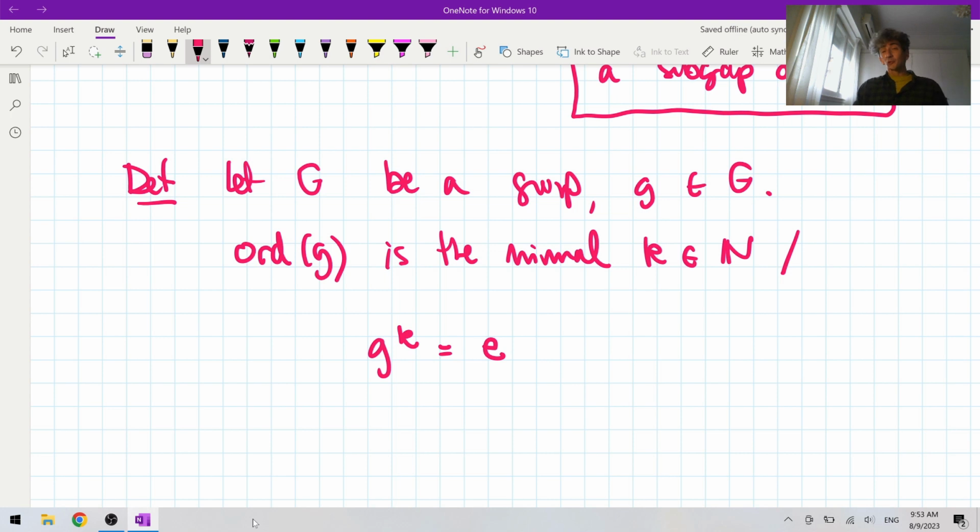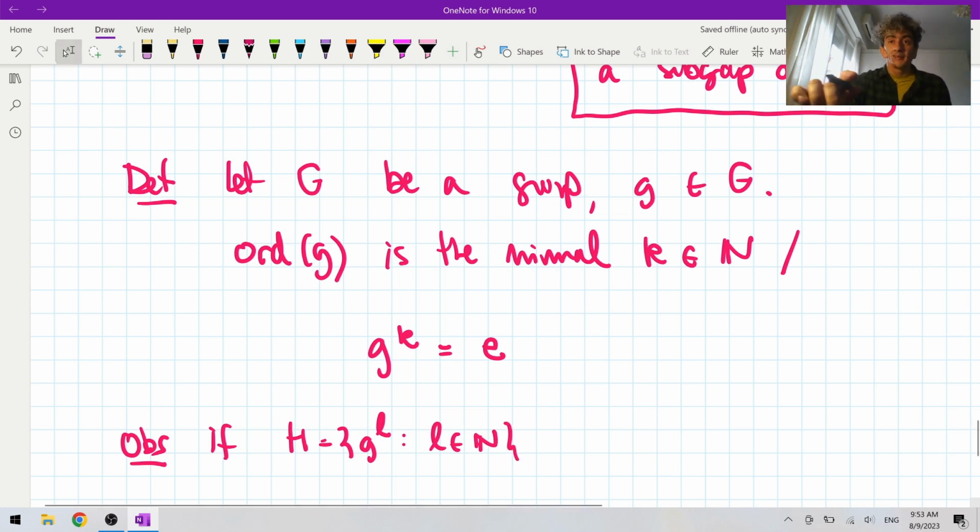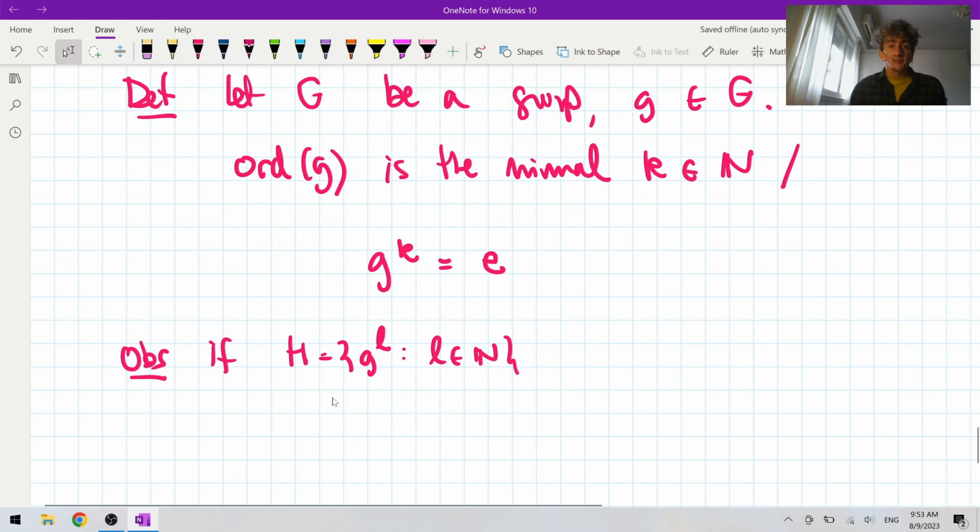The order is the smallest power of g that equals the neutral element of G. And observation, if H is the collection of the powers of g, then the order of H equals the order of the element g.